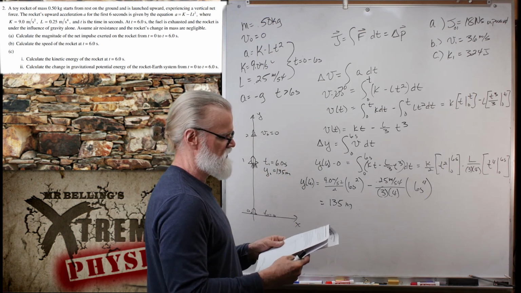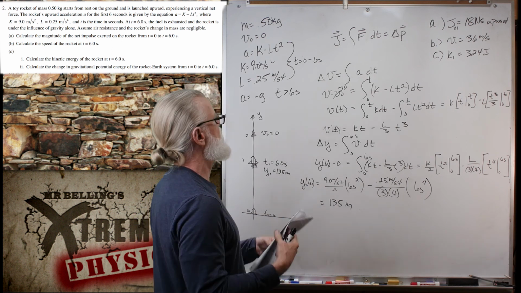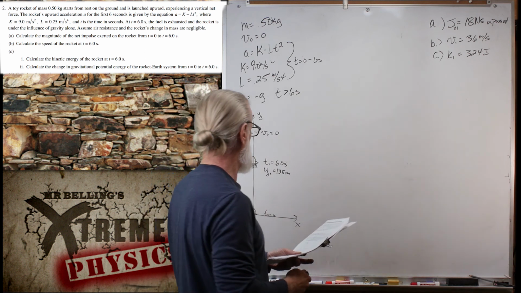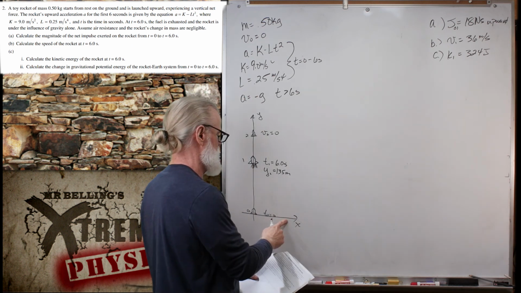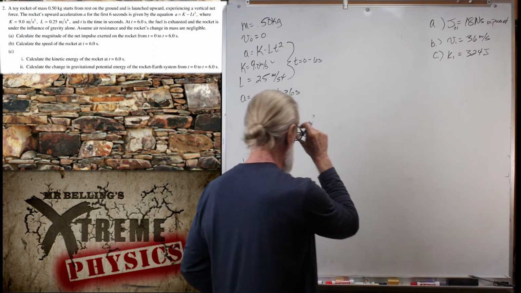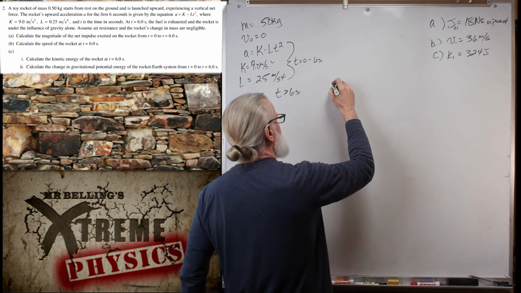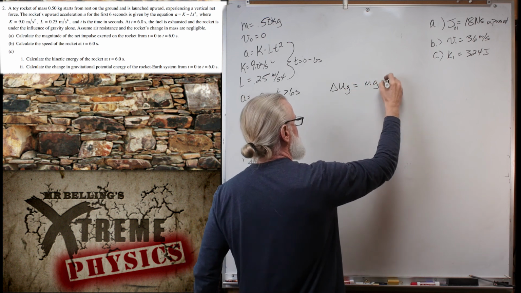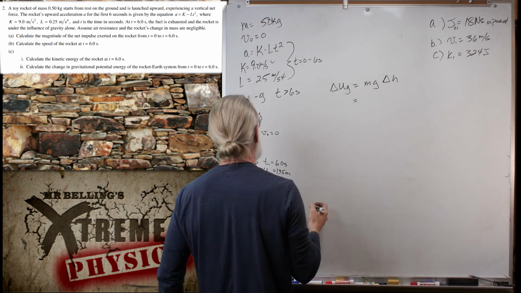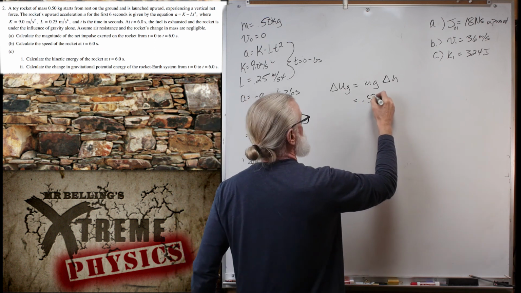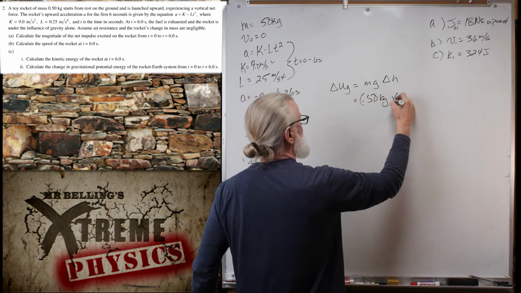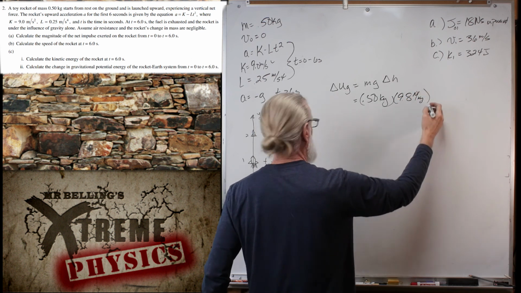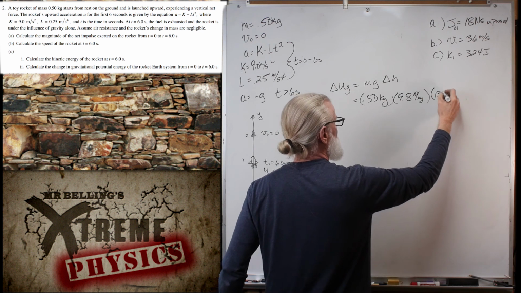They wanted to know the change in gravitational potential energy, but I needed the height. Calculate the change in gravitational potential energy. Well, it started off at 0, and it's just going to be mgh. The change in gravitational potential energy is mg delta h, which is 0.5 kilograms times 9.8 newtons per kilogram times 135 meters.